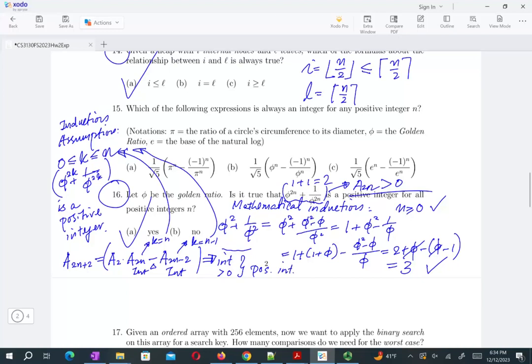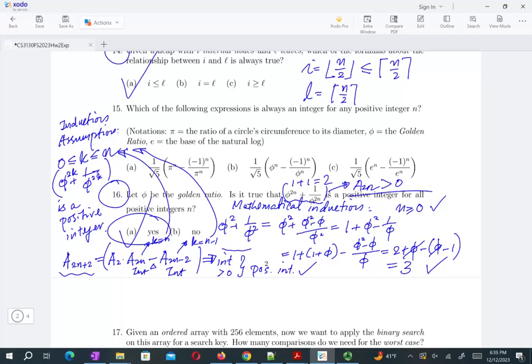Okay? So by mathematical induction, we can show it is a positive integer. Then, based on the conclusion of the mathematical induction, the whole statement must be correct, because we follow the standard 3 steps.